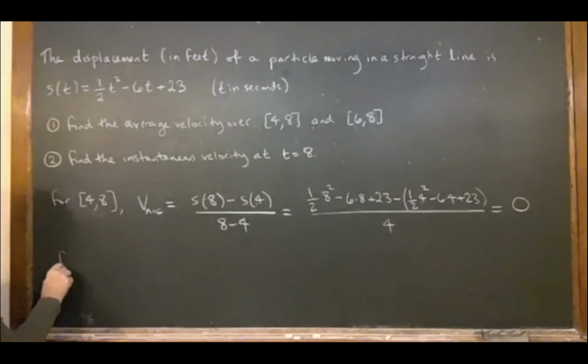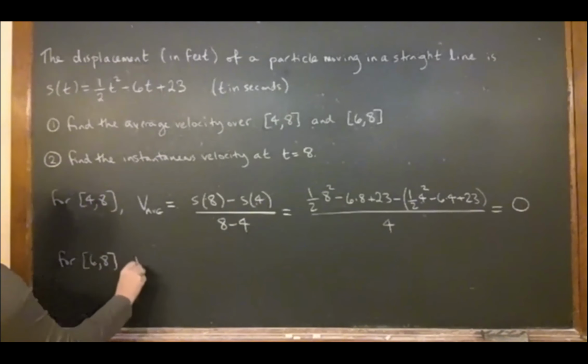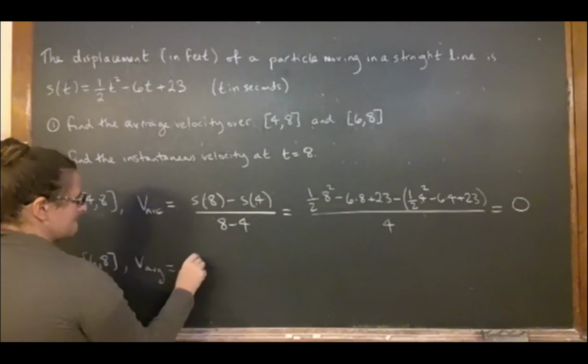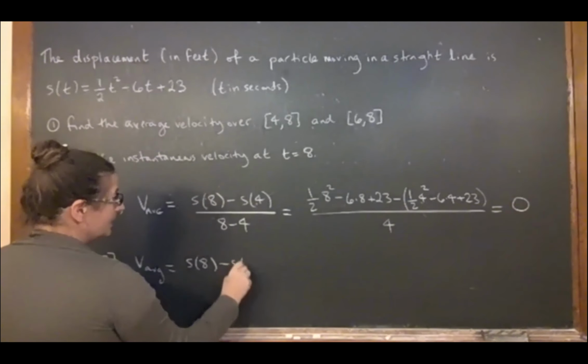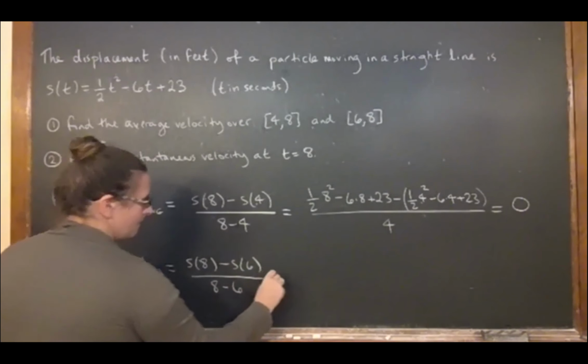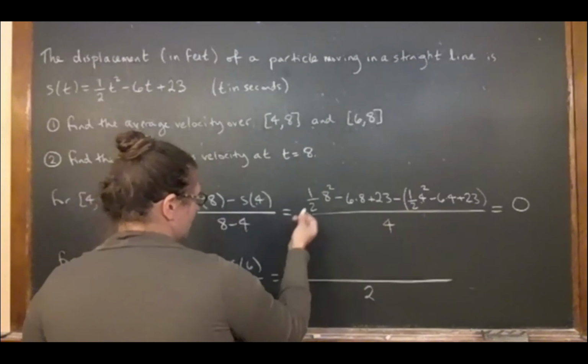And then if I'm looking at this for 6 to 8, it's not going to be 0. But again, what do I have?